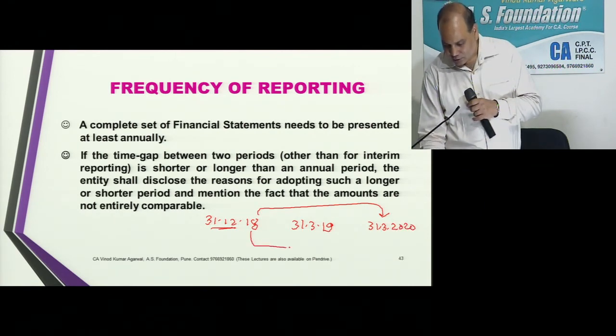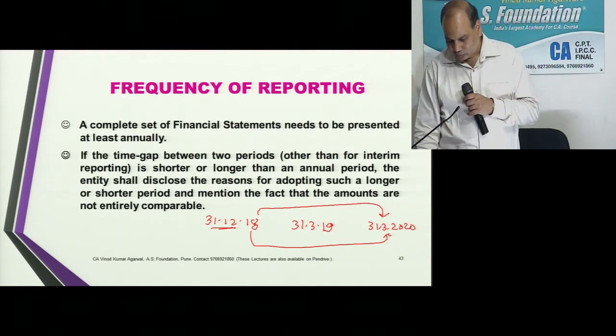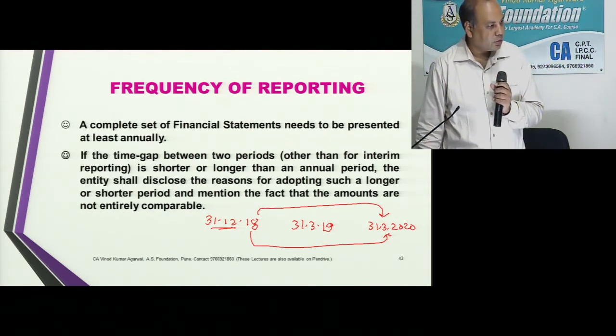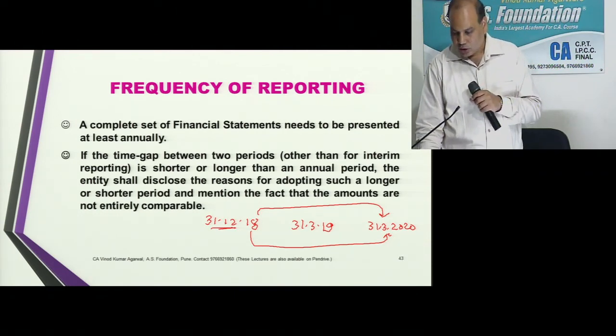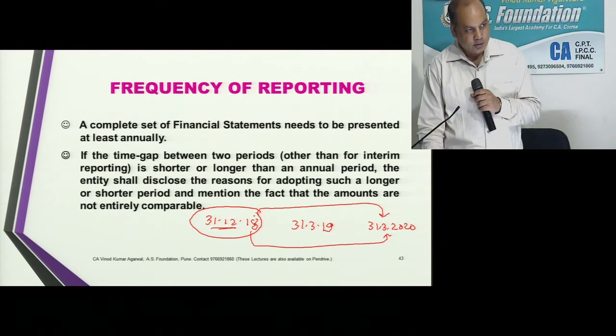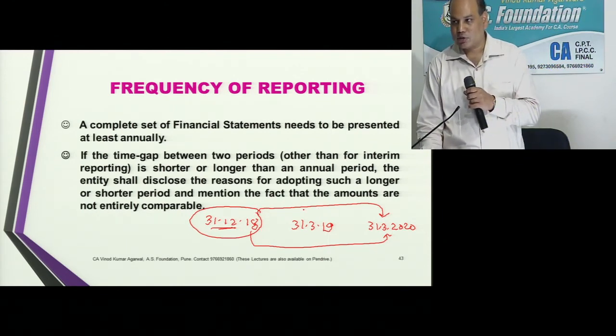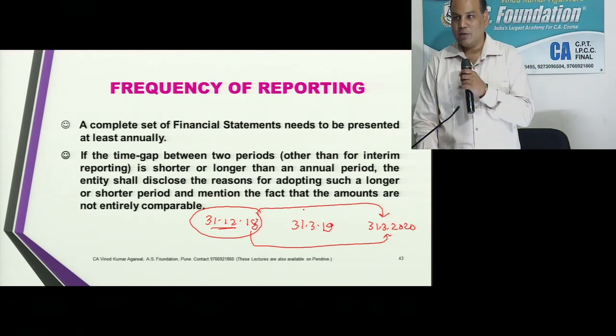So it will cover how many months? 15 months. So this is more than 12 months. I can take it. Comparative will be given 31st December 18 with a note that these 2 balance sheet or P&L account or cash flow statements are not comparable.